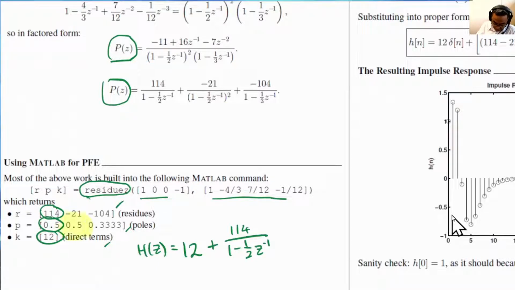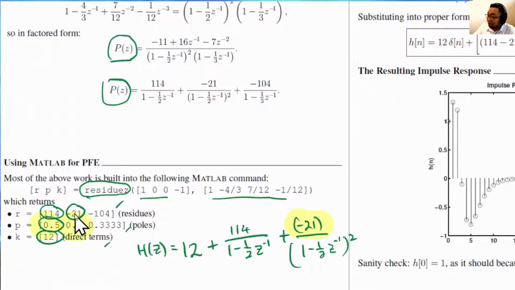The important thing to note is that we have a repeated pole, which causes us a lot of problems, as you will see. So never mind, we'll copy down minus 21 first from here. On the left hand side, minus 21 goes to here. The 0.5, which is the second one, goes to here.